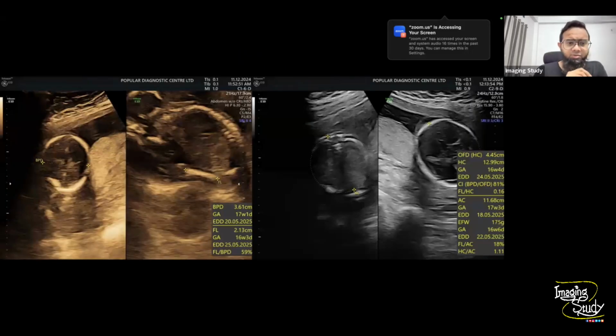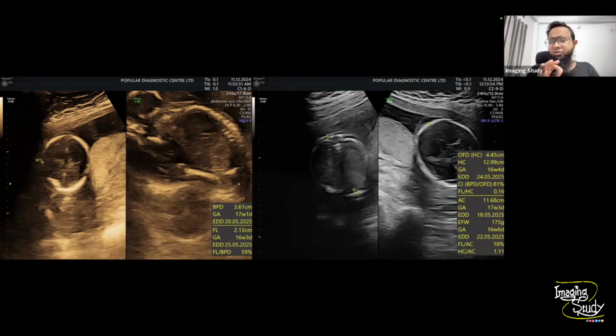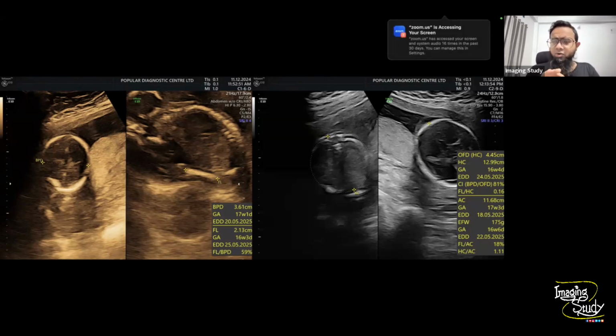Now here on ultrasound, you can see we have tried to measure the baby. So it was 17, 16, 17. At this age, I preferably don't like to do the congenital anomaly scan or anatomy scan, whatever you say. In my center, we love to do the first trimester anomaly scan at 11 to 14 weeks, usually at the 12 to 13 weeks.